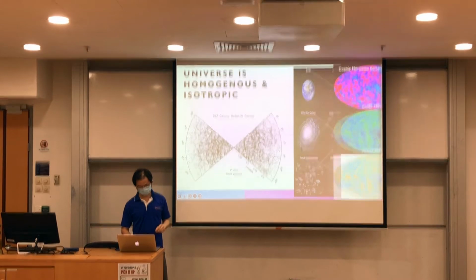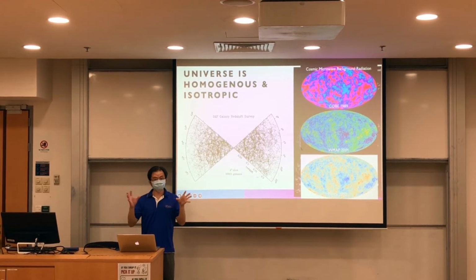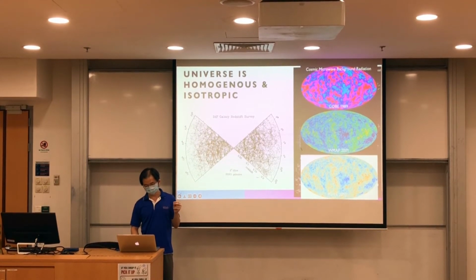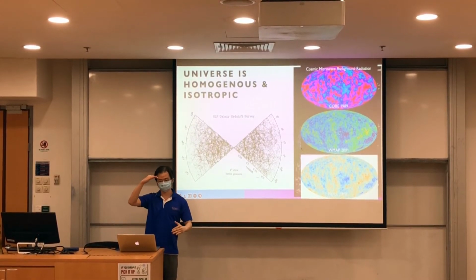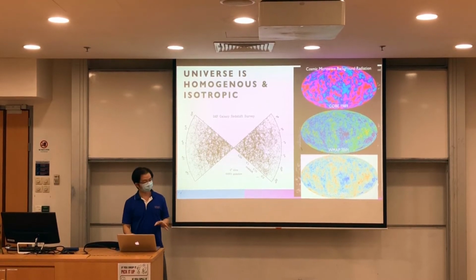And one more piece of evidence is when we look at the cosmic microwave background radiation, which is basically the leftover heat from the creation of the universe. We see that it is actually quite uniform. This blue and red represent different intensities, like the peak and the trough. So the peak and the trough difference is very, very tiny. 0.0 something Kelvin temperature difference only. So it is very uniform.